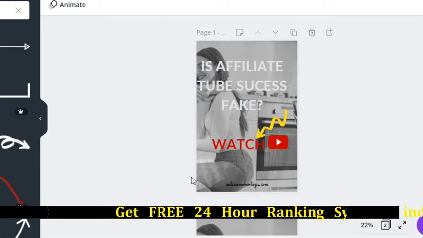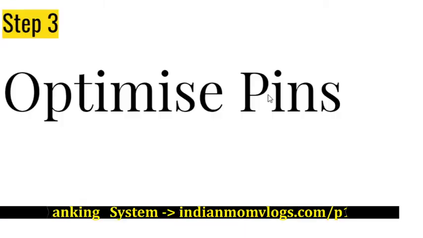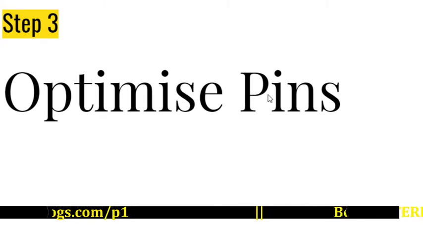Then the next step would be to optimize the pins. So I am using a system provided by a Pinterest marketer. The link to that course will be in the description. It is at indianmomblogs.com/a1. You can check that out, and if you are interested in the free 24-hour ranking system, the free course, it's at /p1. Do check that out.